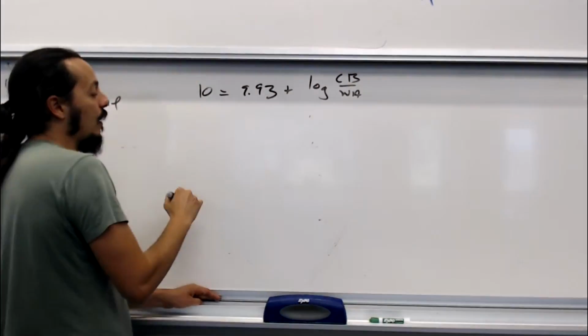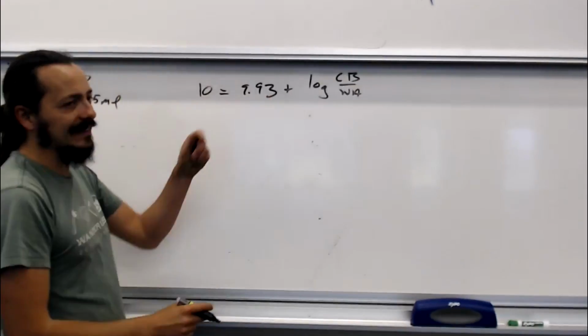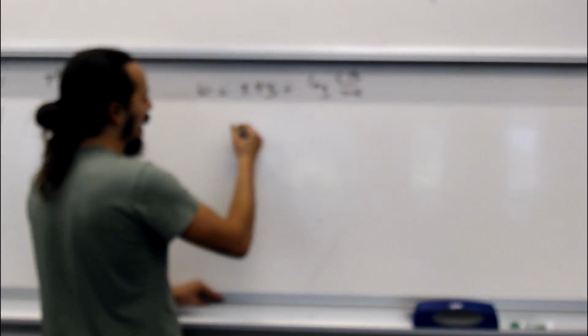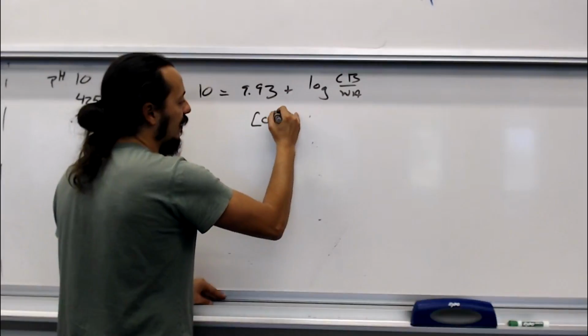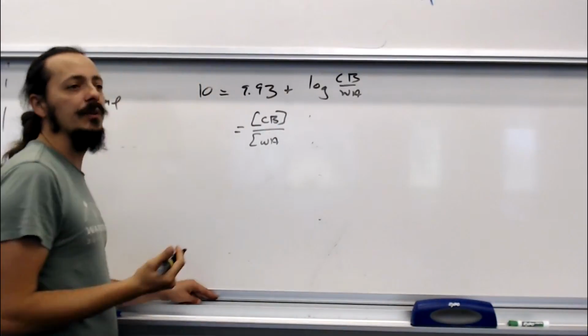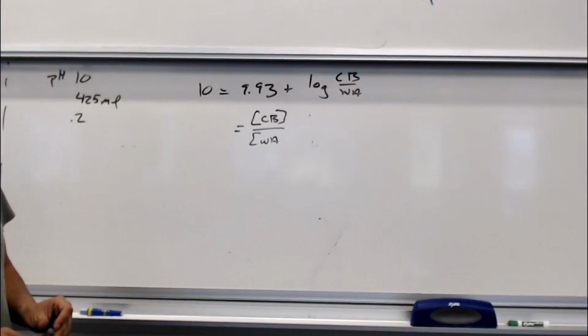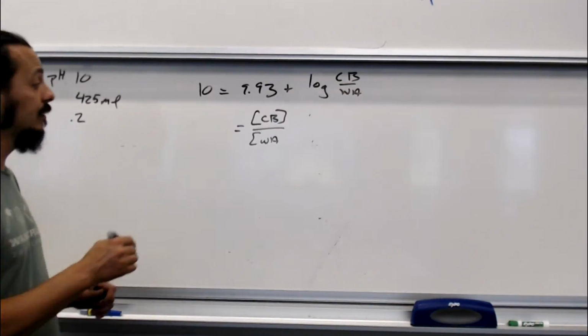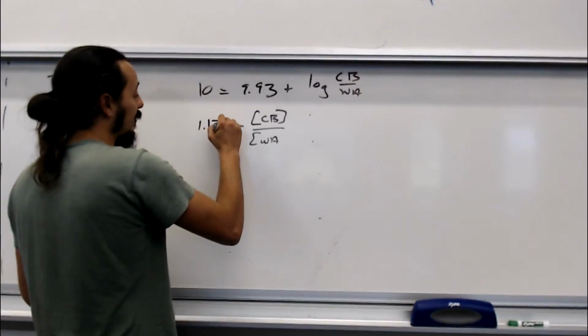You're going to solve for that ratio. You're going to get something that's almost 50-50. I can't do it in my head, but you get some conjugate base over weak acid equals some value. It's almost going to be 1, a little bit greater than 1. What value do you get? 1.175.